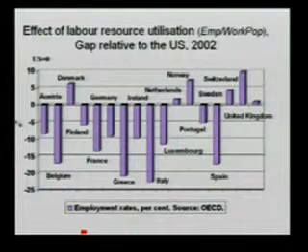But countries of Northern Europe, like the UK, which is the very last bar, Switzerland, Sweden, Norway, Netherlands, Denmark, they have a positive employment rate. So this is something to keep in mind. It's an important result.